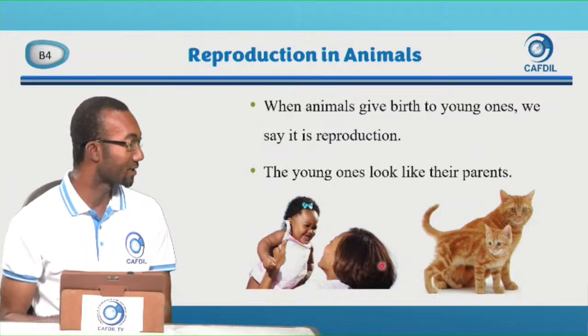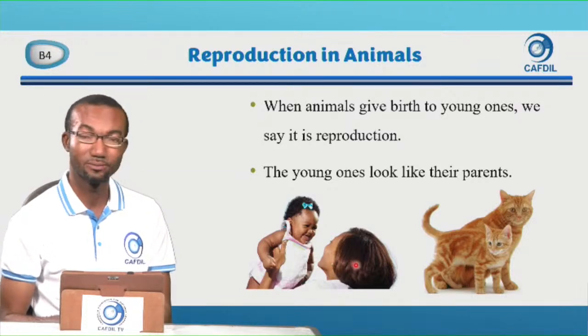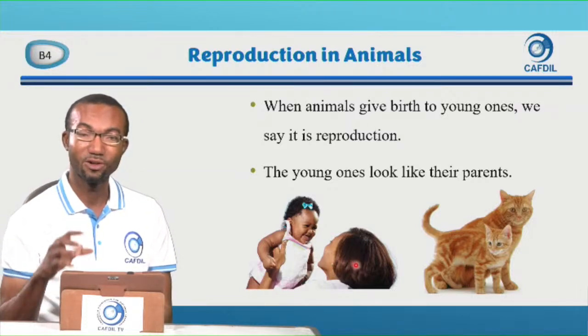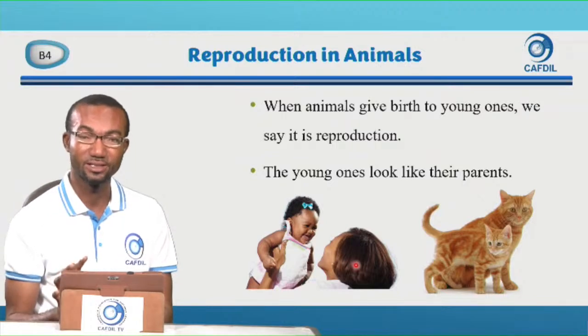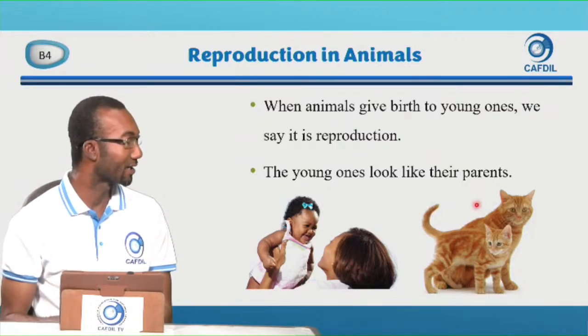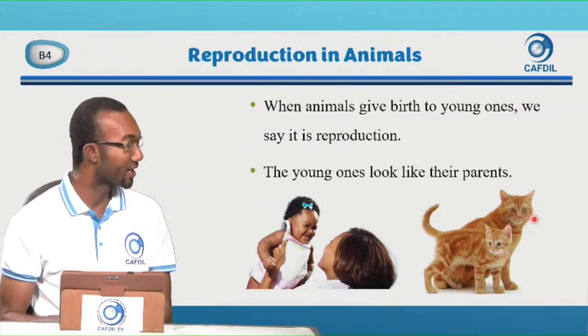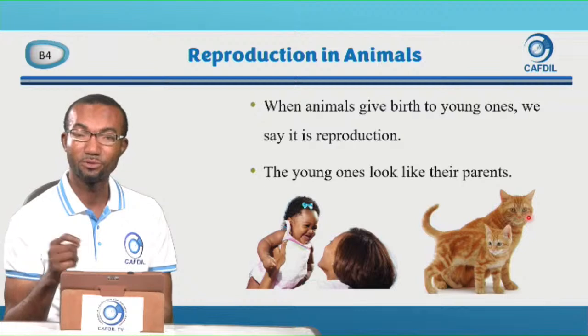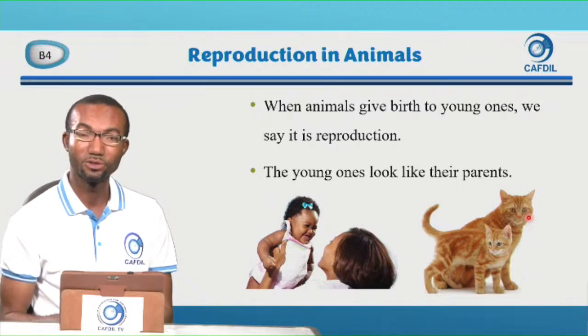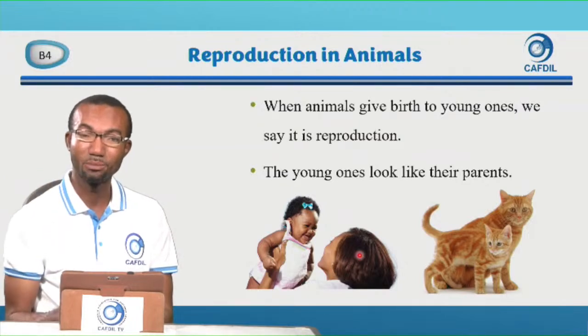So if you look at this woman here, this baby looks like the parents because they all have the same features. If you see this cat here and this kitten here, the young cat looks exactly like the parents. You will not see a cat giving birth to a dog, or a human being giving birth to an animal.